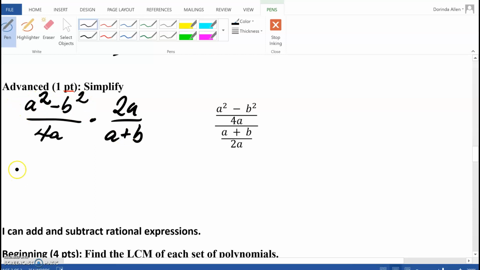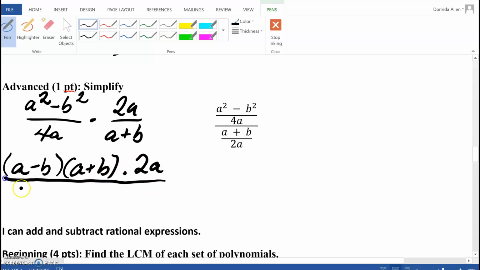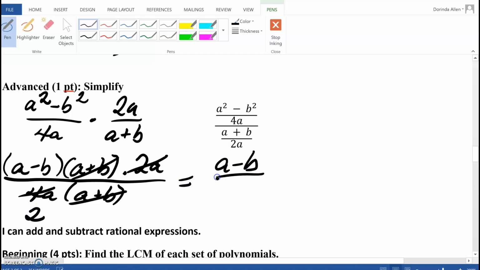So this factors into a minus b, because it's two things squared, a plus b. Might want to pull out that yellow factor flowchart sheet that we had a while ago. So this a plus b and this a plus b will factor to 1. 2a goes into 4a twice. And I'm left with a minus b on top over 2.